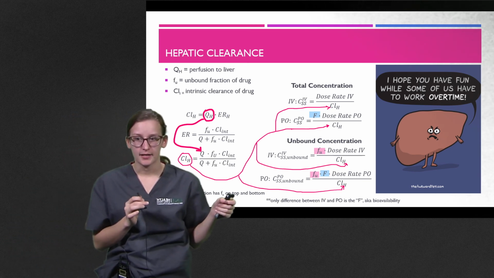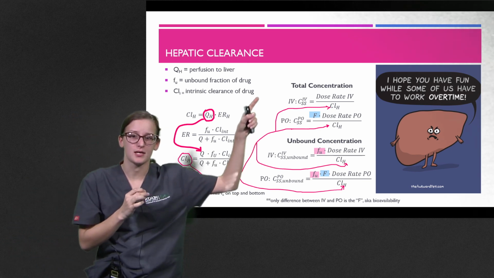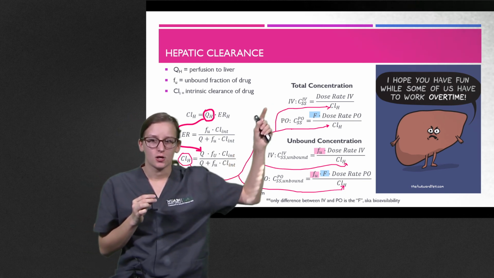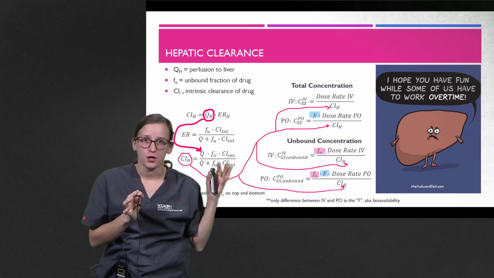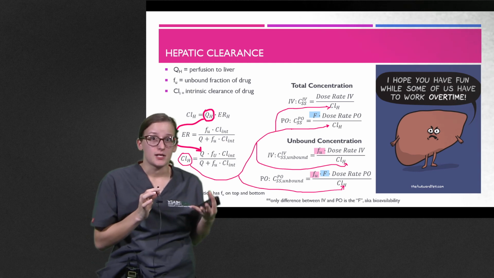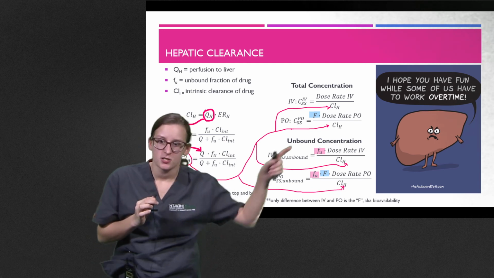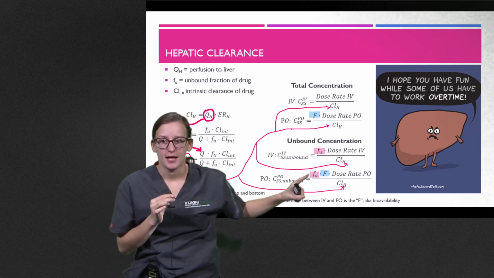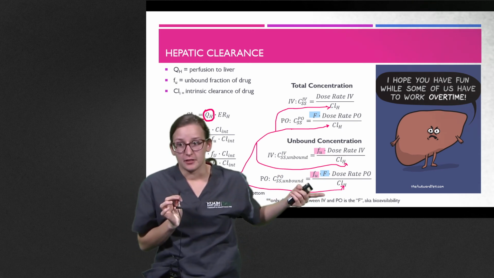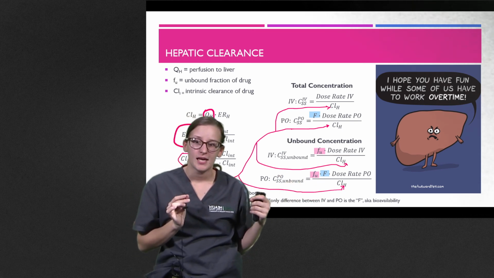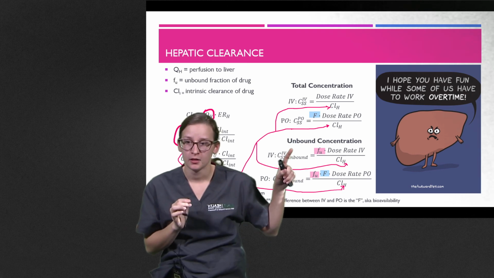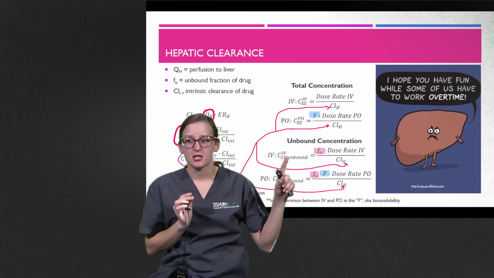Now, the total concentration is going to be defined in different ways, either IV or PO. Recall that if it's an oral drug, we have to worry about bioavailability because it's not 100% absorbed. So that's what this F is here. So the POs are going to have big F, bioavailability, in there. If it's an unbound drug, we have to think about just the fraction that's unbound.